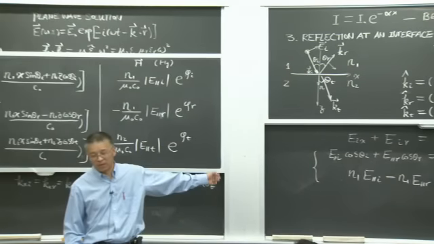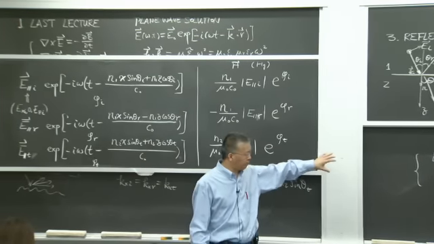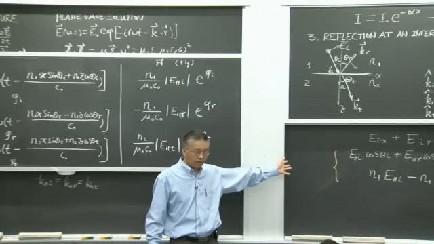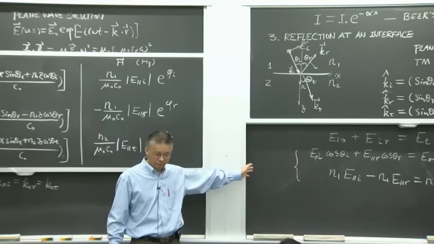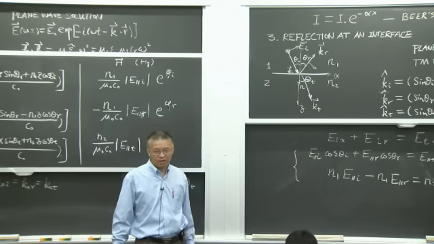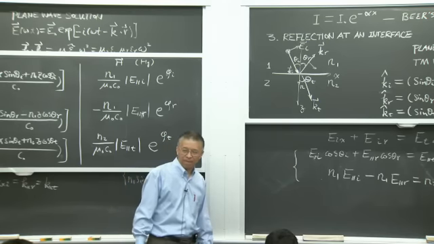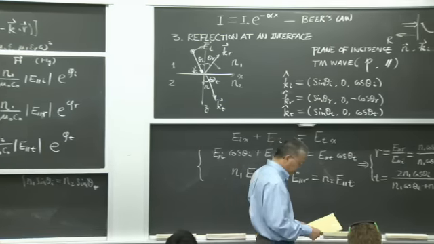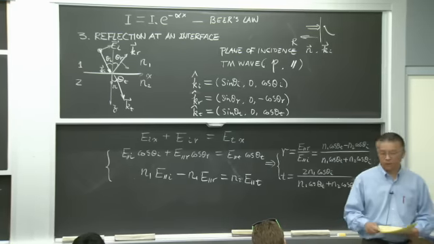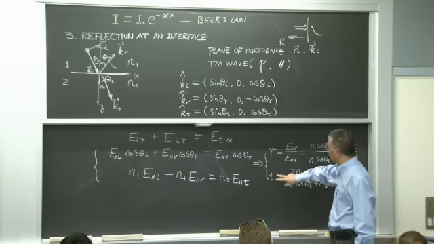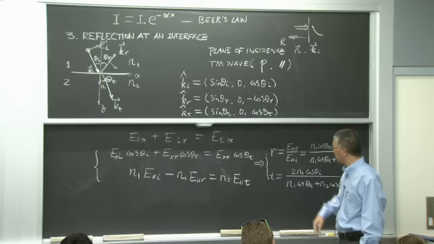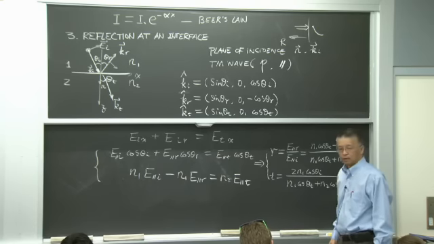If it's a TE polarization, you get a slightly different expression, but it's similar. So I would not remember this; every time I have to check. But what we have now is the magnitude of reflected and transmitted fields.